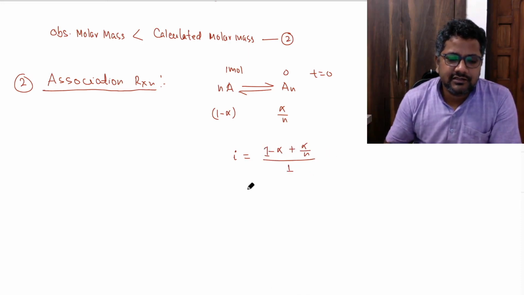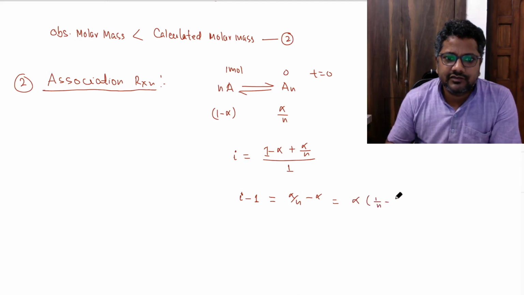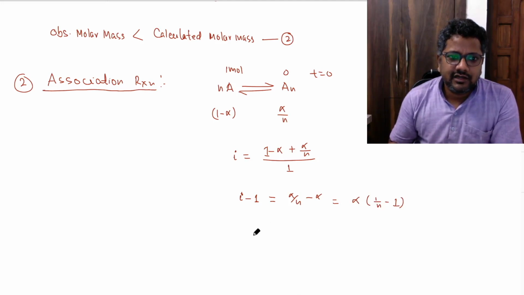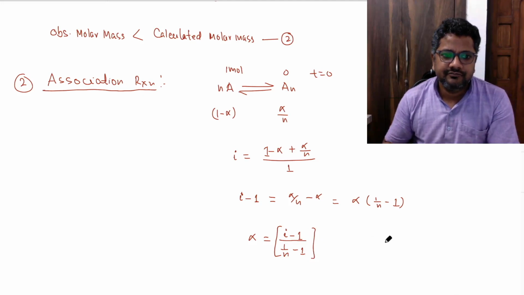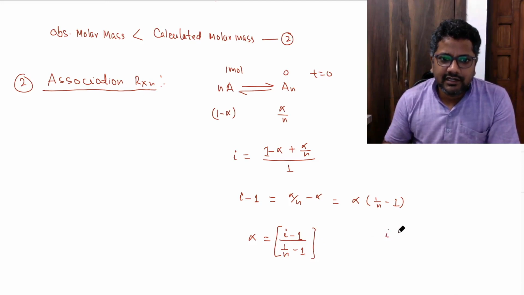So you can write I minus 1 is equal to alpha by N minus alpha. If you take alpha common, you get 1 by N minus 1. So alpha is equal to I minus 1 by 1 by N minus 1. Here I is less than 1.